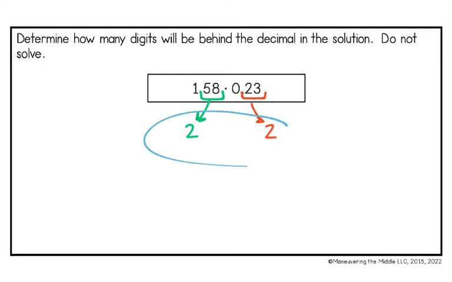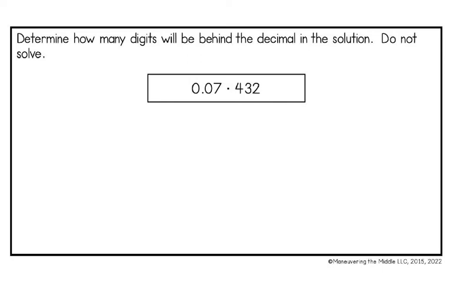Now to find out our total, we're going to do 2 plus 2, so there are a total of 4 digits in this one. All right, third one, we have 0.07 times 432. So we're going to first look at 0.07, so how many digits are there? There are 2. Now we have 432, and that's a whole number. There's no decimal there, so there's no digits behind it.